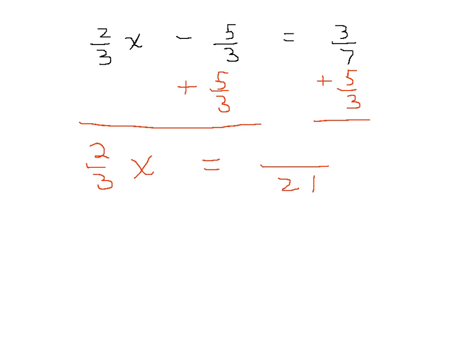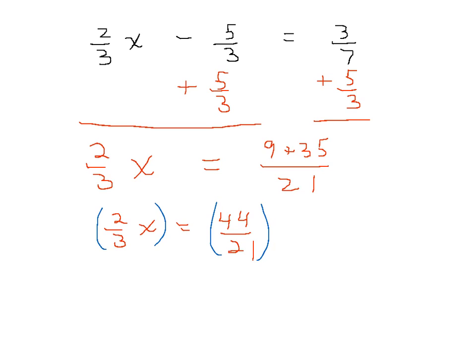And so what I have is 9 plus 35. So I'll rewrite this as 2/3 x equals 44 over 21. Now what I want to do is multiply each side by whatever it takes to get rid of the 2/3. And that's 3/2.